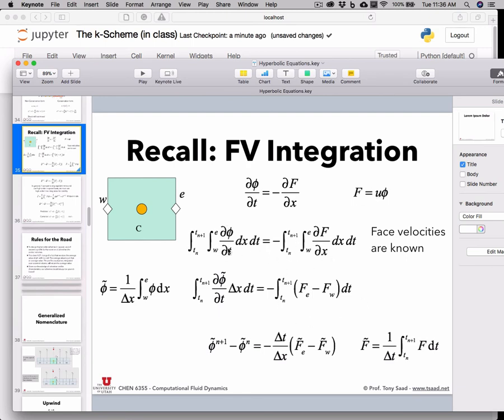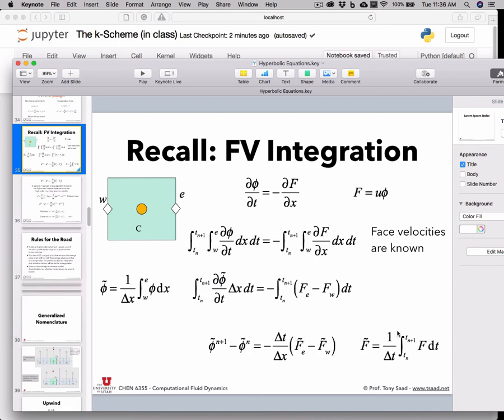You integrate in space, and then you assume this is the average value here. So you get d phi dt times delta x, and this guy just integrates in space. You get the difference between the east and the west value. But then the time integral of the flux, I'm going to call this f tilde.